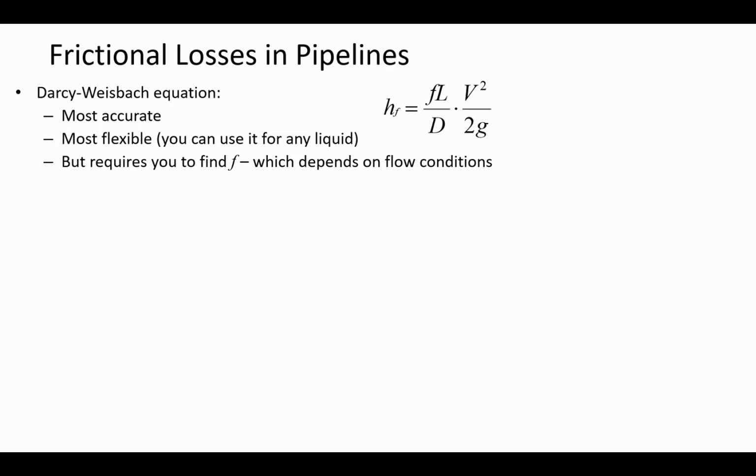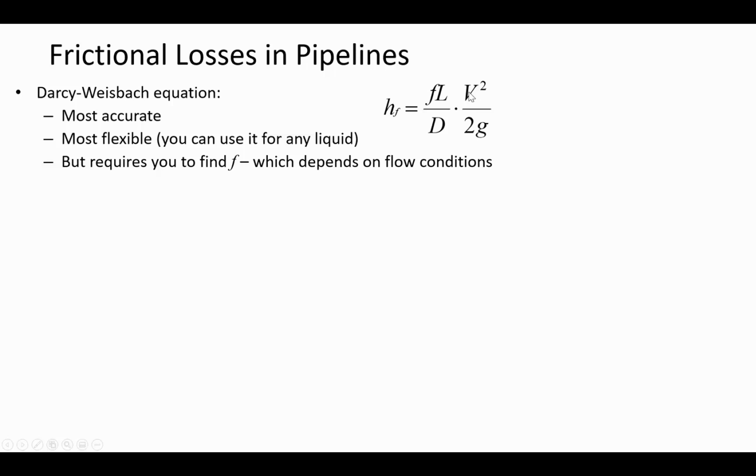But, of course, the real problem with the Darcy-Weisbach equation is the chicken and the egg situation we find ourselves in, where we don't know the f value until we know the velocity, but the velocity depends on the head loss, and you can't calculate the head loss without the f value, but you don't know the f value till you know the velocity, and so on and so forth.